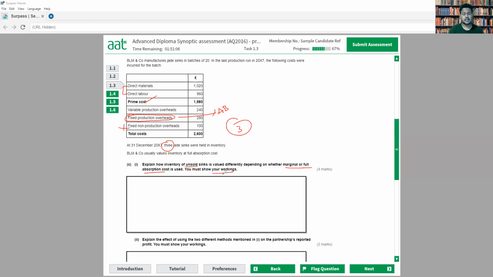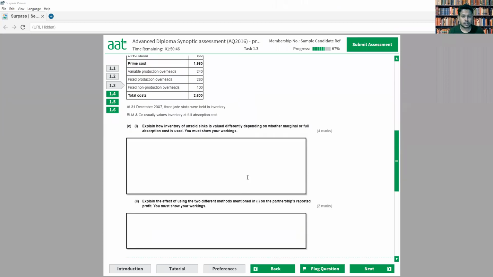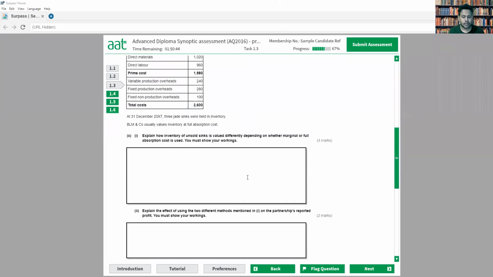So basically they are saying, if I use the absorption costing, what will happen? If I use the marginal costing, what will happen? So you're going to explain and also need to show some workings. So let's try to do that. We know it because when I say marginal costing, we only consider the variable cost. When I say the full cost or absorption cost, we consider everything, not the selling and distribution, only the production overhead that is fixed.